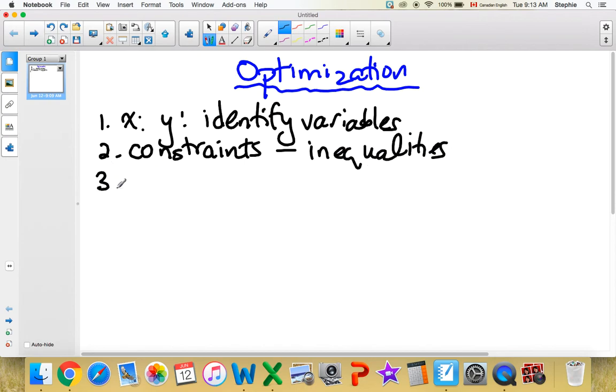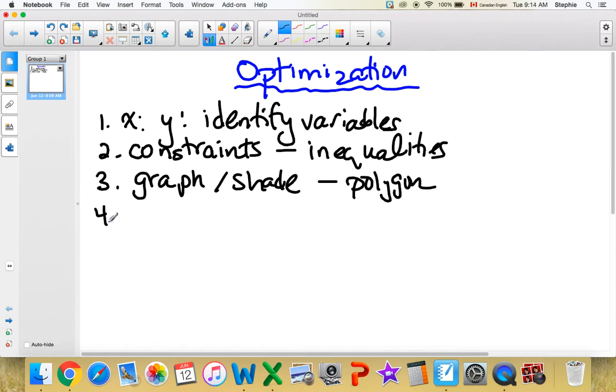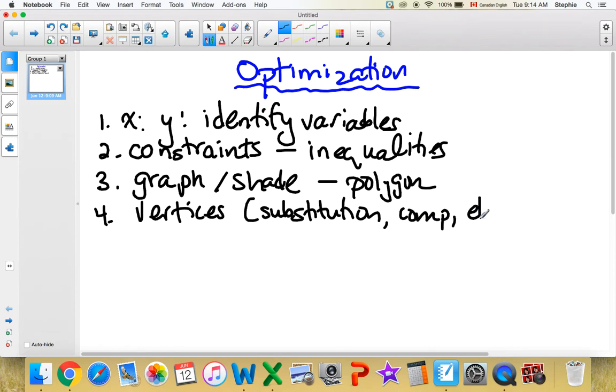Then you're going to have to graph those and shade, and then you usually get some sort of shape called a polygon. And then the fourth thing is you have to find your corner points, which are also known as vertices, and that you're going to do by doing substitution or elimination or comparison, whatever makes you happy.